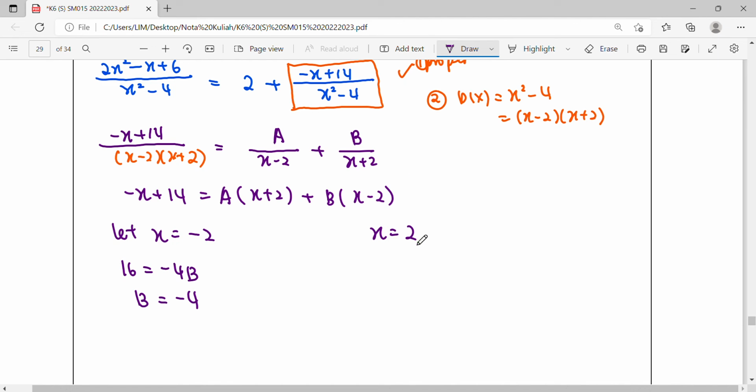Continue when x equals 2. So 2 plus 2 will equal 4. Then 2 minus 2 here will be 0. So A will be equal to 3.